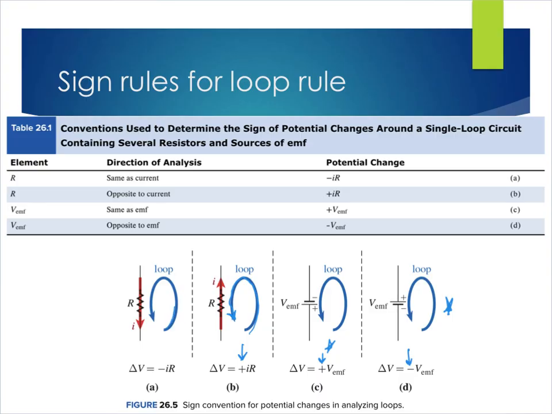If I go through the resistor in the direction of the current that I've chosen, I actually have a potential loss. So I write these as either a minus current times resistance if it's a loss, or a plus current times resistance if it was a gain.